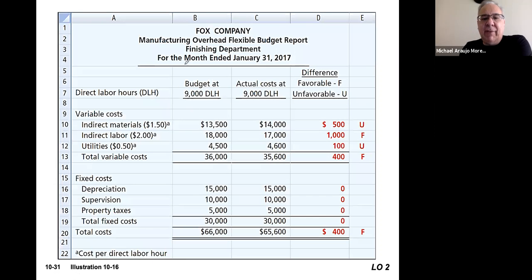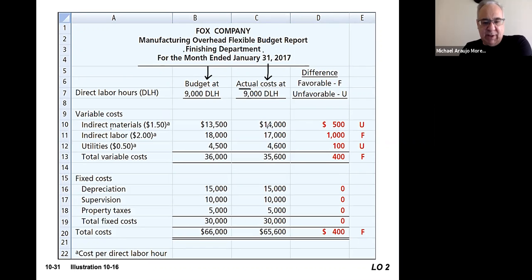So here we have the finishing department's budget. The budgeted at 9,000 direct labor hours is listed in the first column here. And then here are the actual costs at 9,000 direct labor hours. So as you see, they budgeted $13,500 for indirect materials.